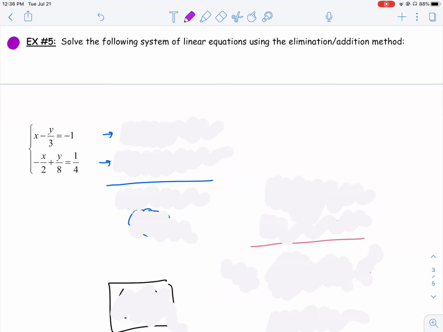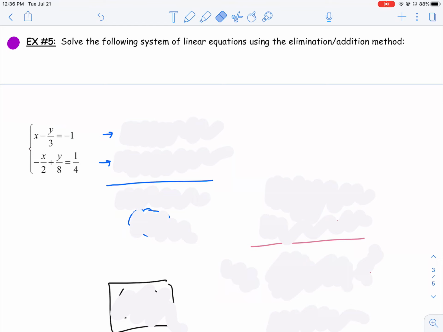So let's focus on each equation individually. Remember, we talked about this in a previous section, that anytime I have an equation with fractions in it, I can always get rid of those fractions by multiplying every single term by the common denominator. In this first equation, my denominators are either 1 or 3, and so my common denominator would be 3.